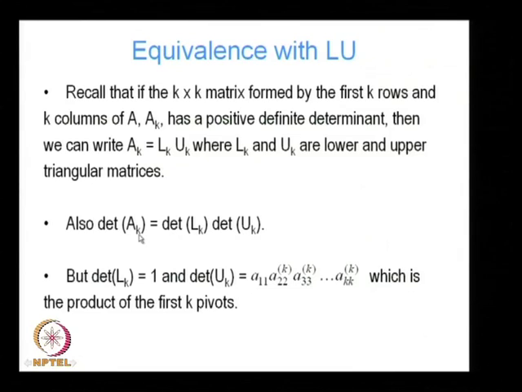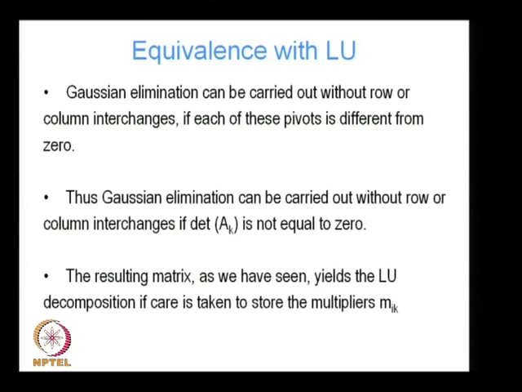Since the determinant of A_k is always going to be positive, what does that mean? That means this matrix is going to be positive definite. If this determinant is greater than 0 for all k, then that matrix is positive definite, and in that case we can perform Gaussian elimination without the need to perform any pivoting.